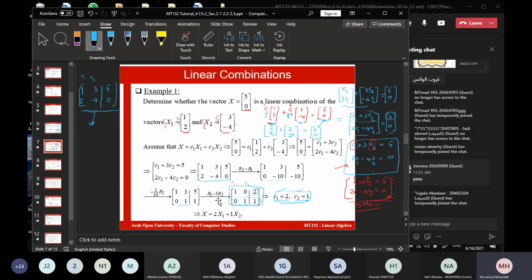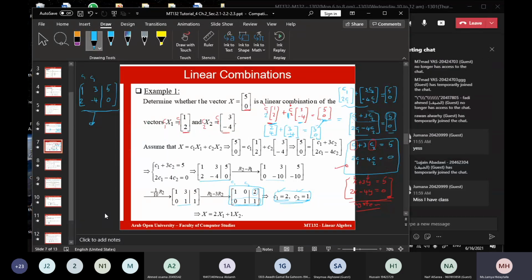So in every problem, we put the linear system as an augmented matrix, and then all the steps are like what we did before in the previous chapters.